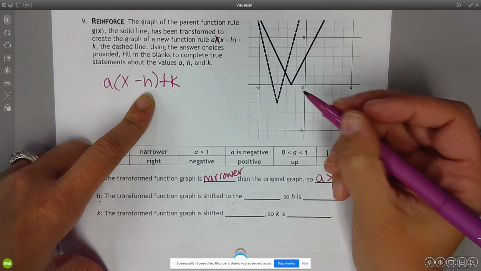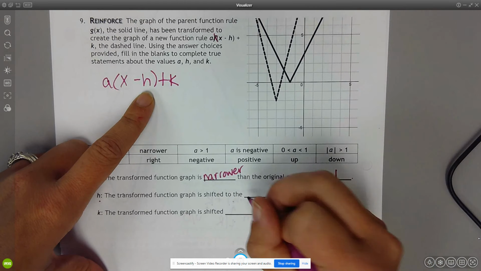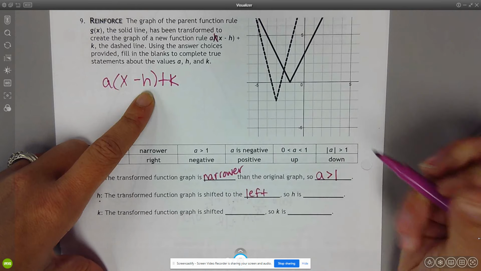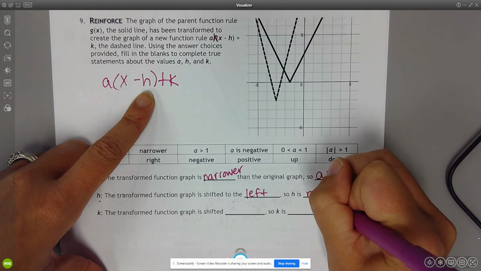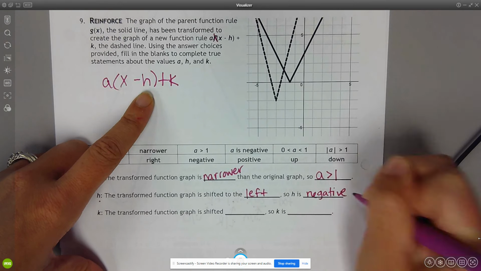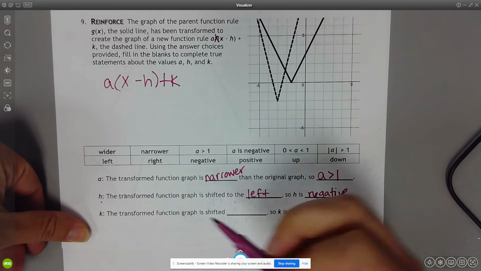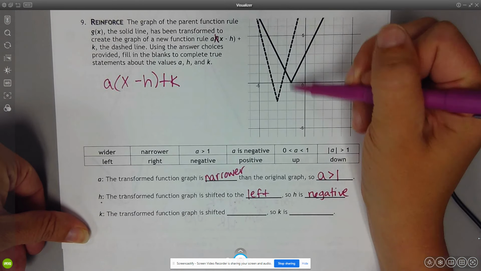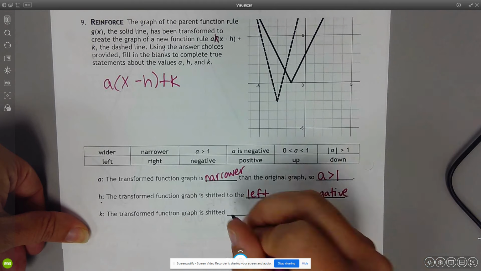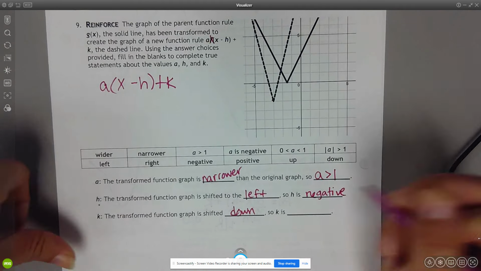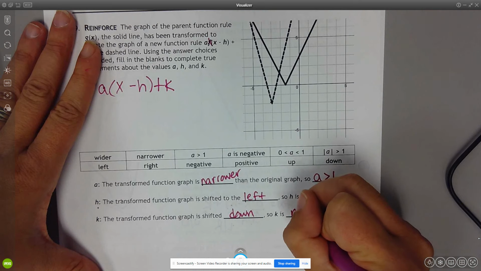This time it went left, and left is negative. Now looking down at K, it is shifted from here to here. It shifts down, and again, that's also negative.